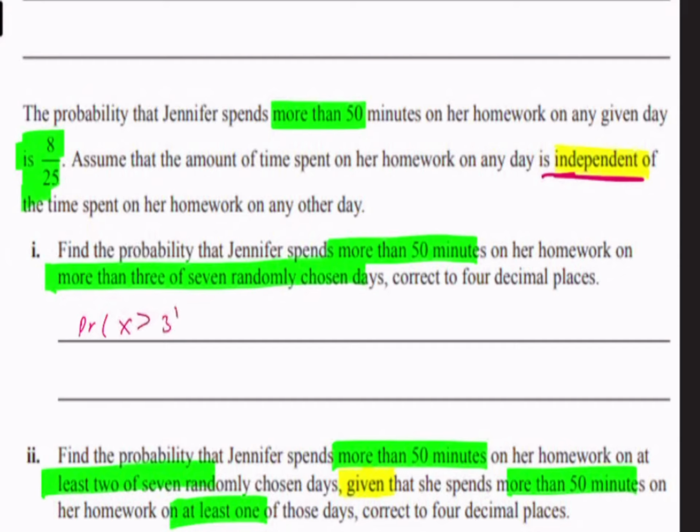So X is greater than 3, and we know we always want an equal sign in our inequality, so probability X is greater than or equal to 4. You can just put that into your CAS where n equals 7, because 7 days of the week, and p is 8 on 25, because they give that to you in the question. This comes out to 0.1534.